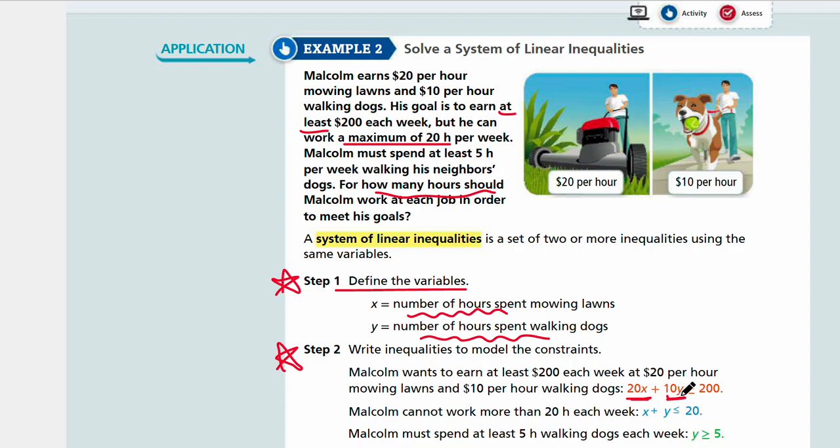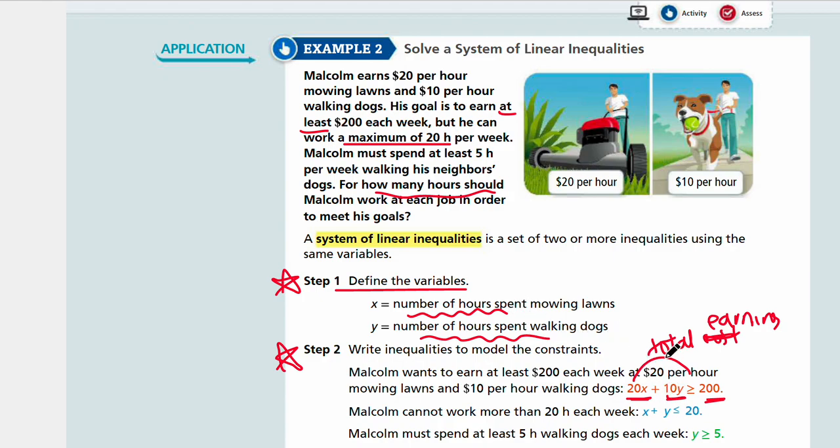If you add them, you get the total earning, and you want the total earning to be greater than or equal to $200. So this inequality is all in terms of dollars, but using the variable of hours.